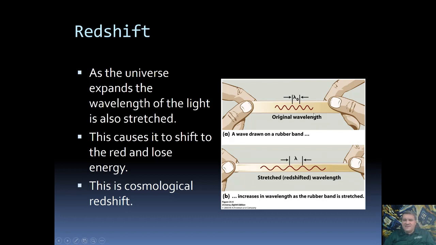So it was emitted at some wavelength, then it has been stretched out over time, so that now it is a much longer wavelength than it used to be. This is what is known as cosmological redshift. So we've talked about Doppler redshift, interstellar reddening, gravitational redshift, and now we're adding cosmological redshift. There's a lot of redshift going on in the universe.